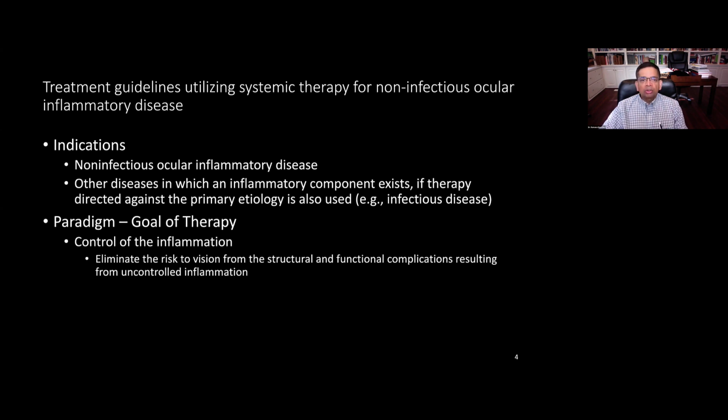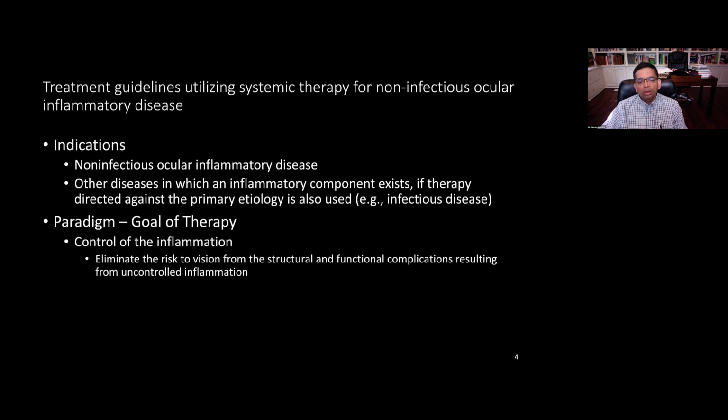The indications for systemic therapy are, first of all, that it has to be non-infectious, and other diseases in which an inflammatory component exists, where there's already been therapy against the infectious cause. So for example, if somebody has tuberculosis, you've already treated with anti-TB therapy, but they have persistent inflammation. In those situations, we need to consider immunosuppressive therapy, systemic therapy and/or local corticosteroid therapy.